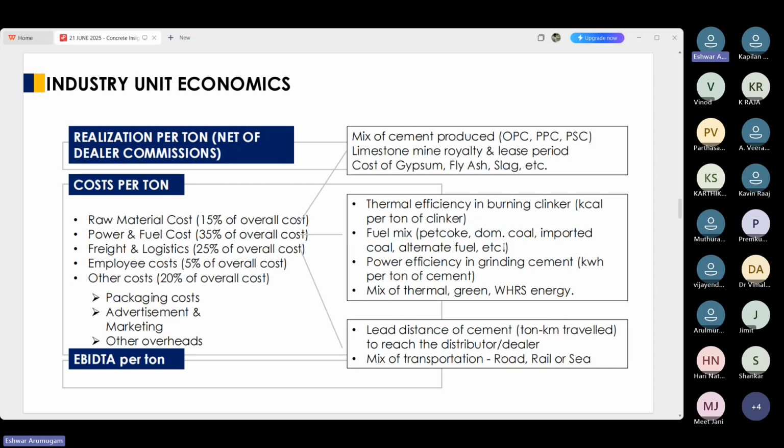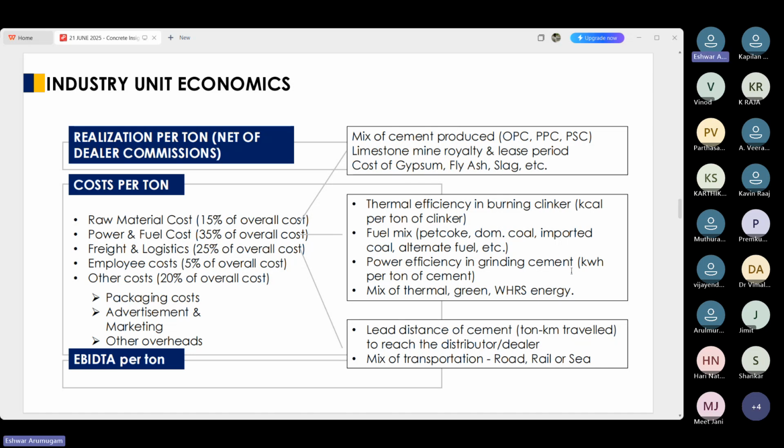If, let's say, the pet coke price is less than domestic coal or imported coal, cement industries will tend to stack up on pet coke and use pet coke to burn their limestone. So it is very dynamic, and cement industries are very opportunistic in how they use this fuel mix to optimize their costs.